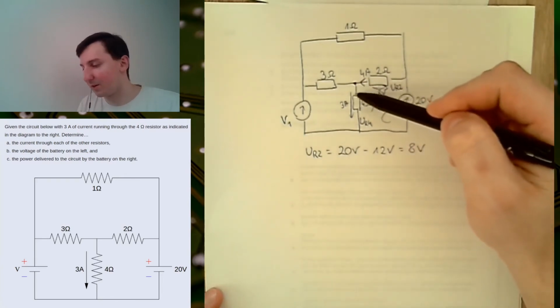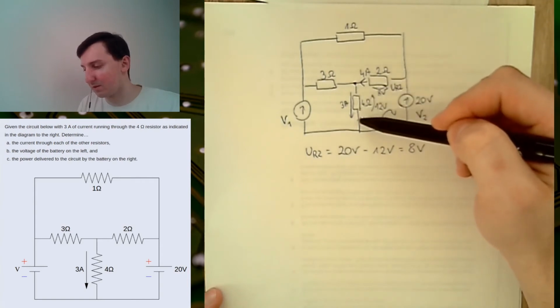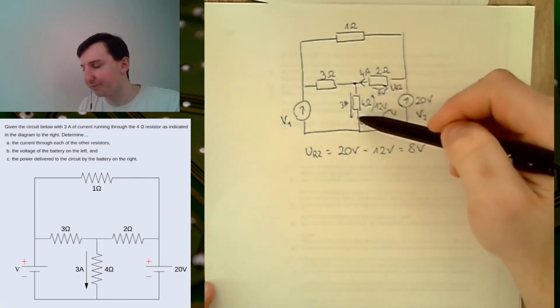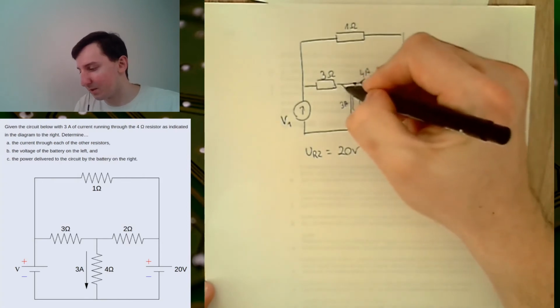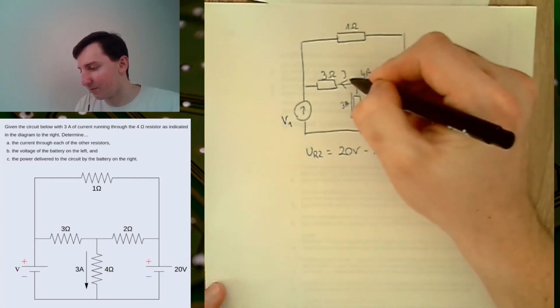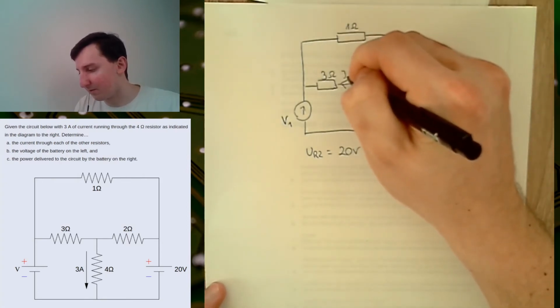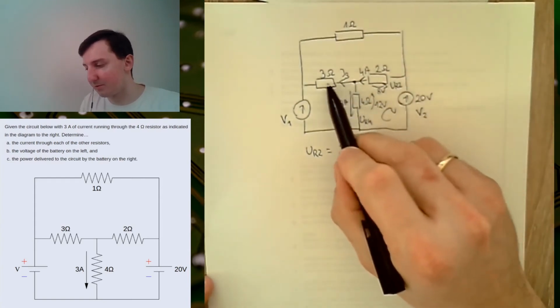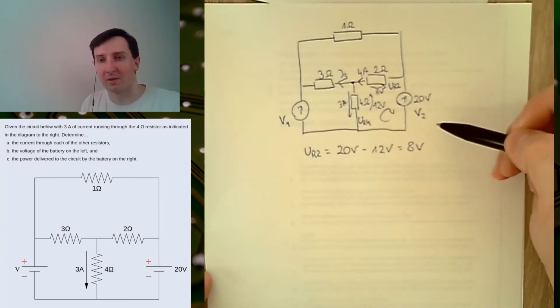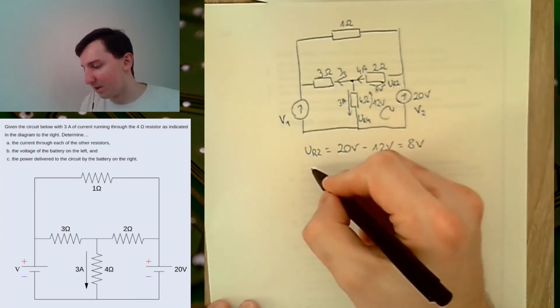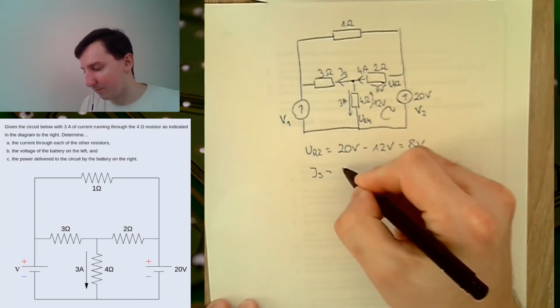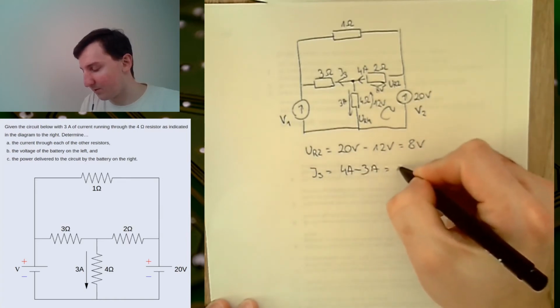So we currently have only this value calculated or given. So this, let's call it I3 because it's flowing through the resistor of 3 ohms. I3 is simply 4 minus 3, which gives us 1 amp.